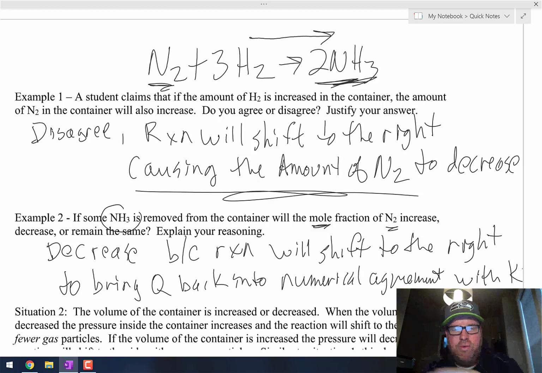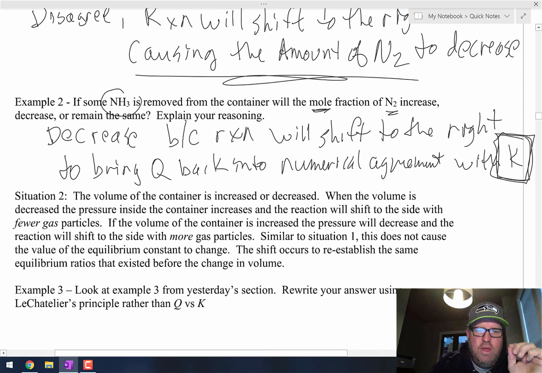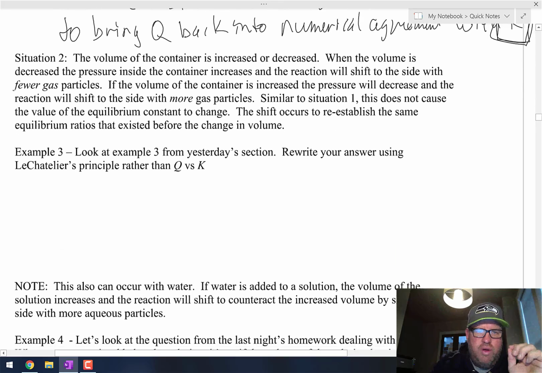So it will shift to the right or proceed to the right, or shift to the left or proceed to the left to bring Q back into numerical agreement with K, because again, the equilibrium constant value does not change.